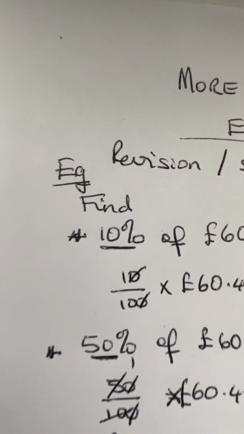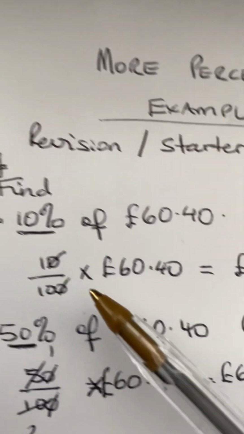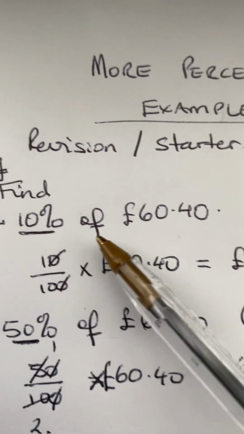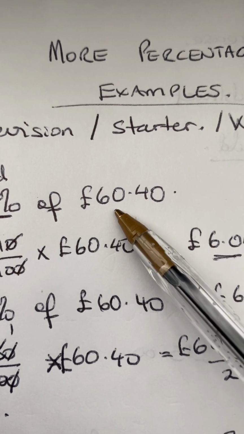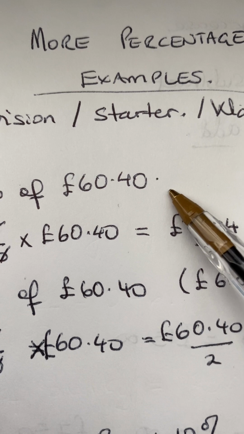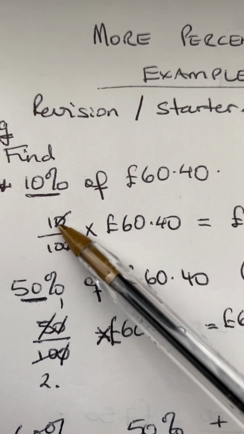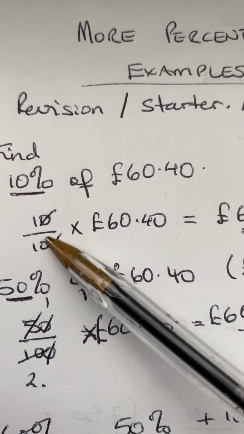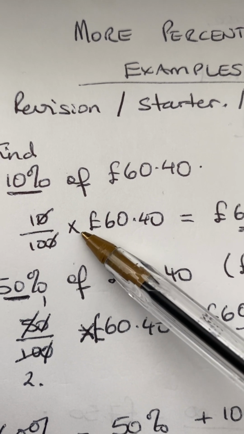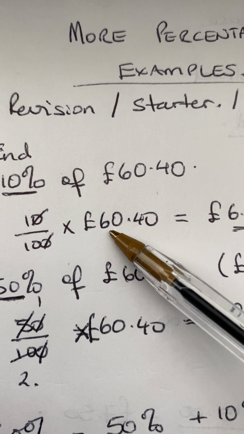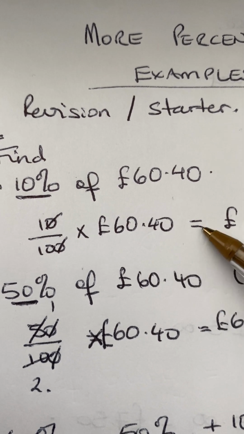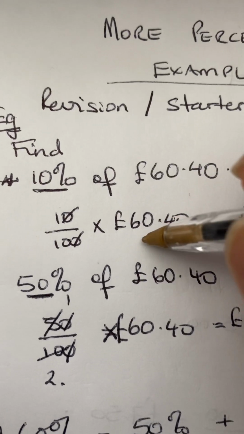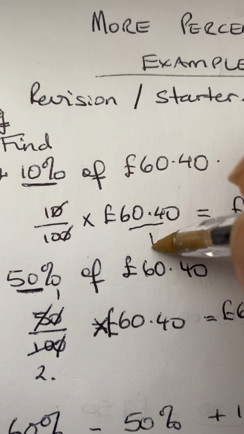So if, for instance, they ask you to find 10% of £60 and 40 pence, you can quickly write 10 out of 100 times £60.40. As I told you before, you can divide by 1.